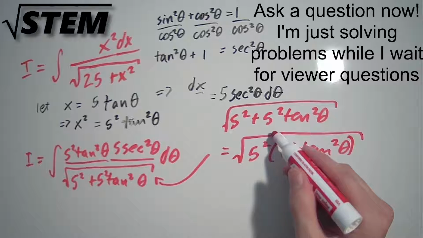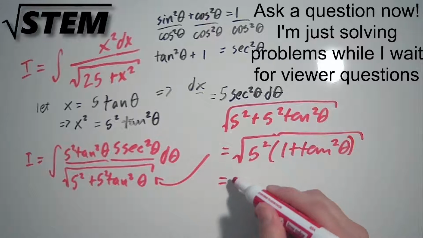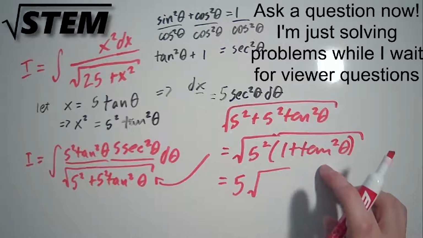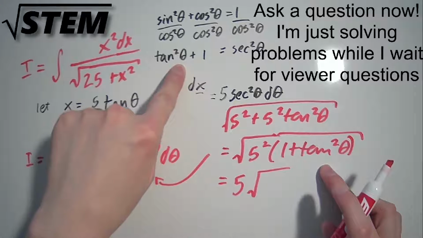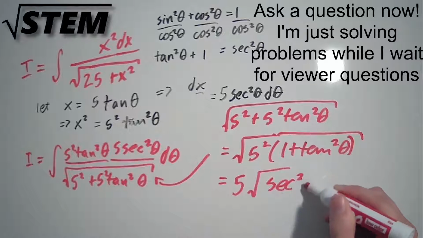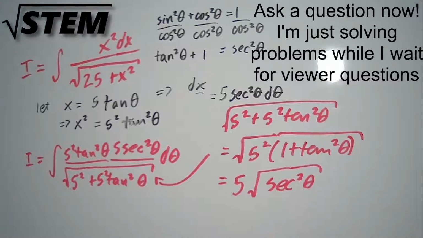We have something squared inside a square root, so we can just bring it outside. And remember from up here, 1 plus tangent squared is actually just secant squared of theta. And look at that, something squared inside a square root. So that becomes 5 times the secant of theta.